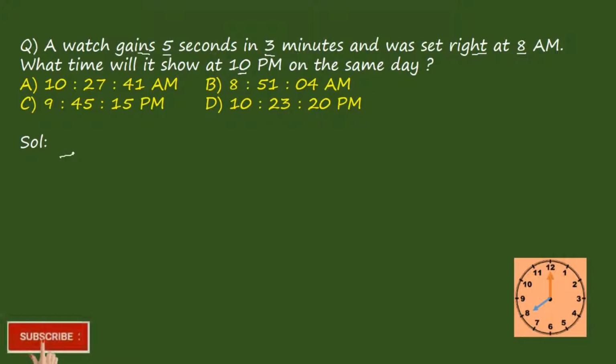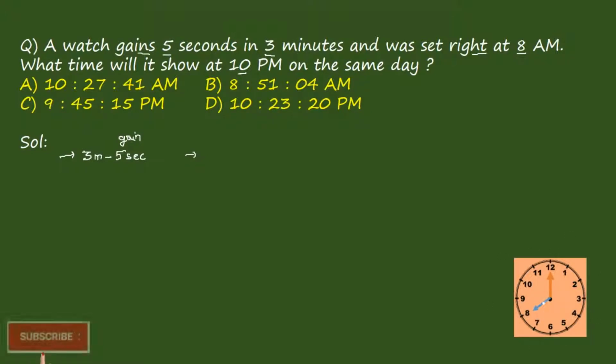First it is saying that for 3 minutes the time is increased by 5 seconds. It is gaining 5 seconds for every 3 minutes, right? Now see the clock here, it is 8 o'clock now.